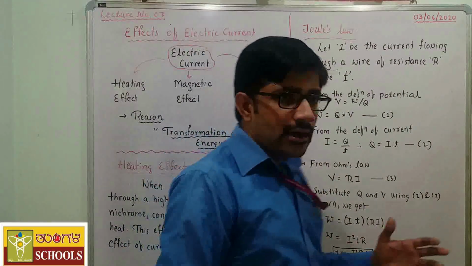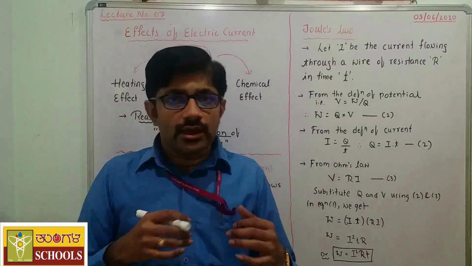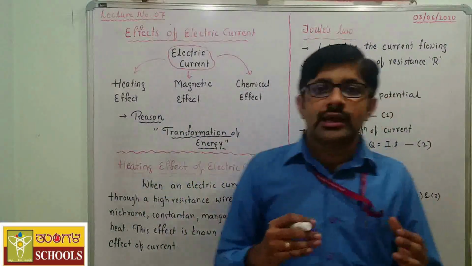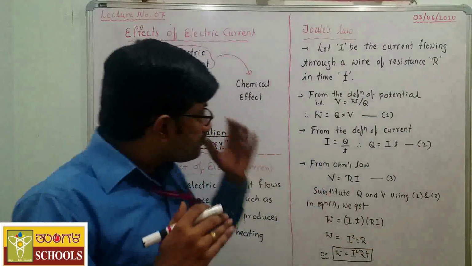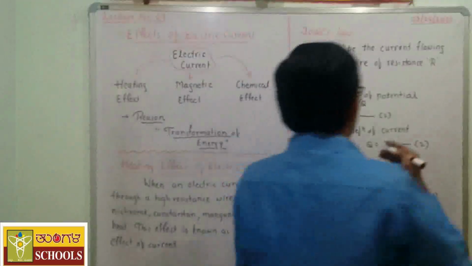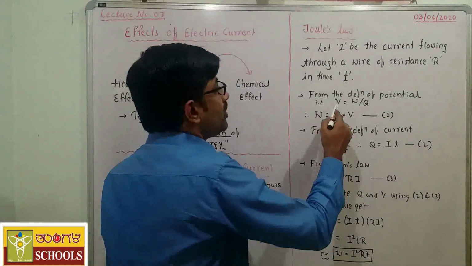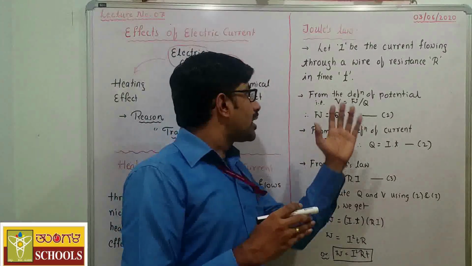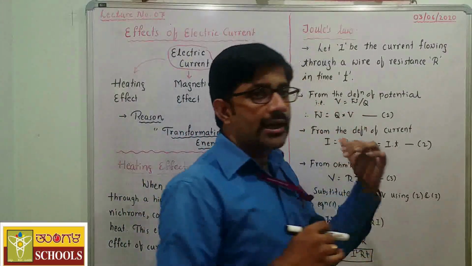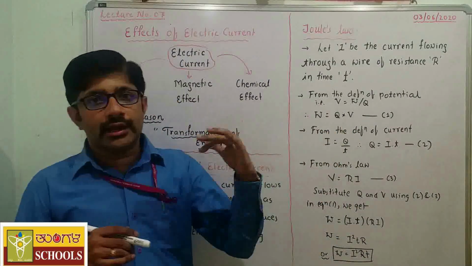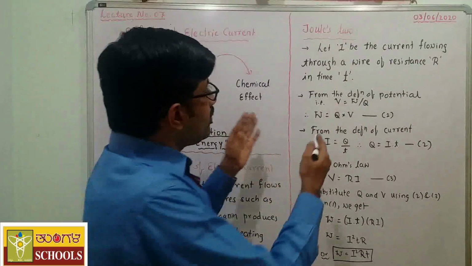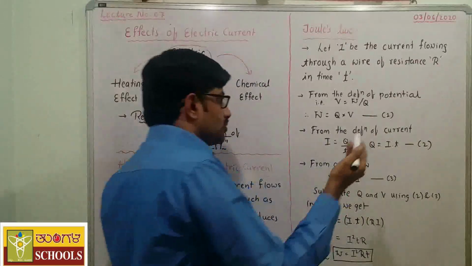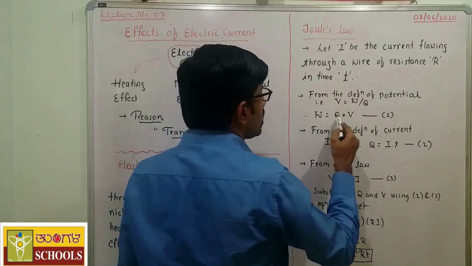From the definition of electric potential, V equal to W by Q. Therefore the work done can be written as W is equal to Q into V, just by cross multiplication. Call this equation 1.